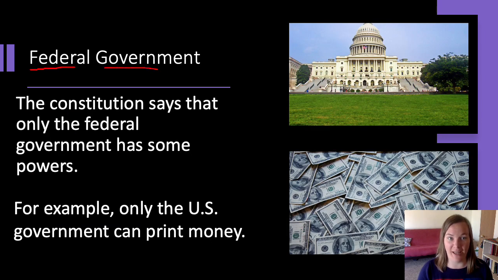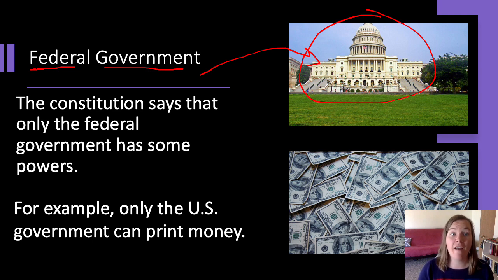Federal government. What is this? This is Congress. Congress is a part of our federal government. Our federal government is for the whole United States, for the whole country.